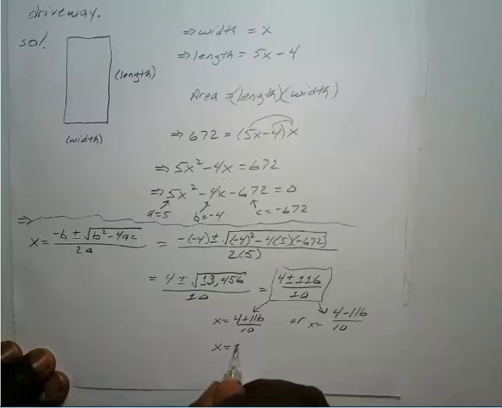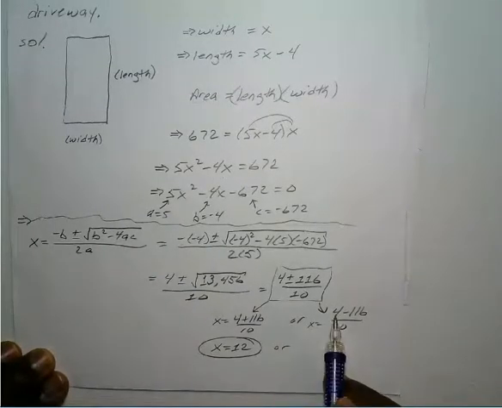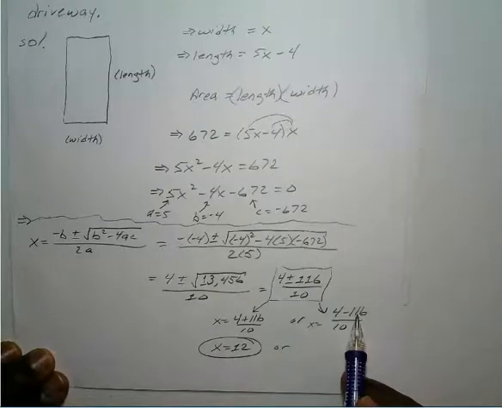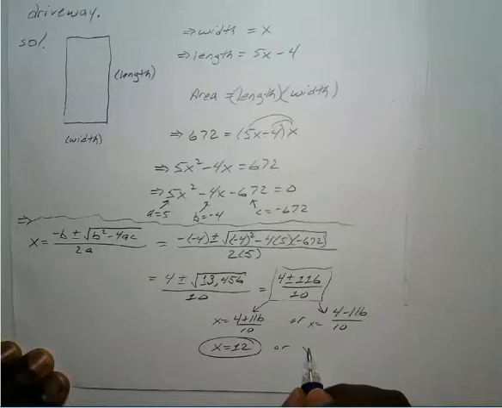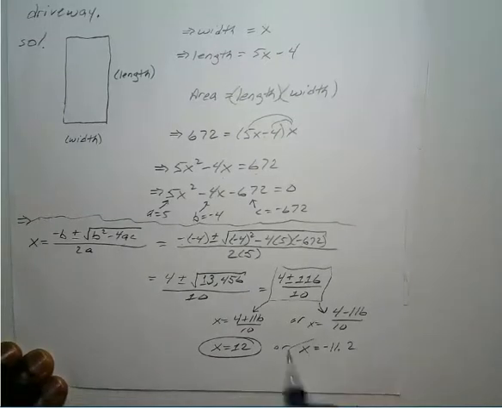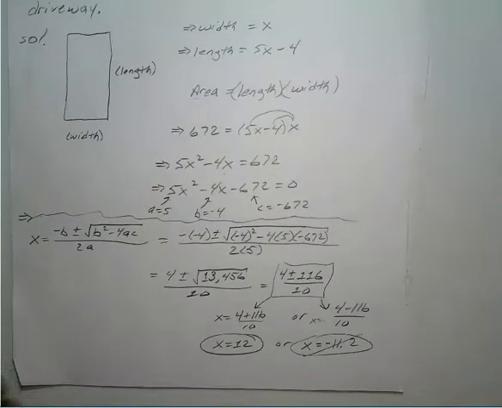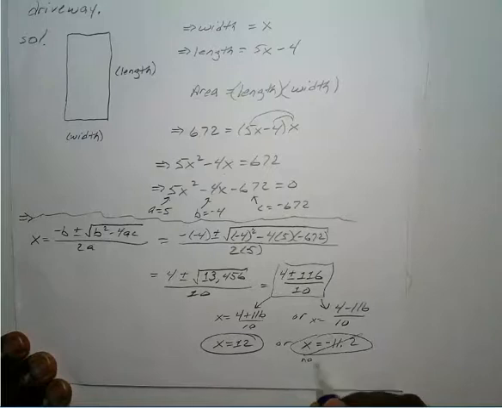So x equals 12. Or 4 minus 116 is negative 112. Negative 112 divided by 10 is negative 11.2. But it doesn't matter because you have a negative length, which we can't have. No length is negative, so we can cross that out.